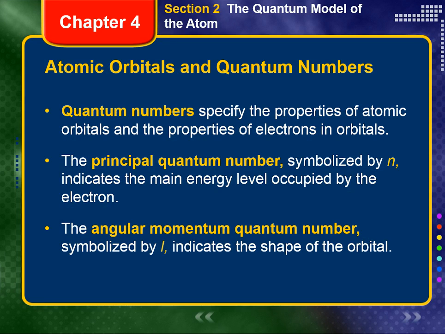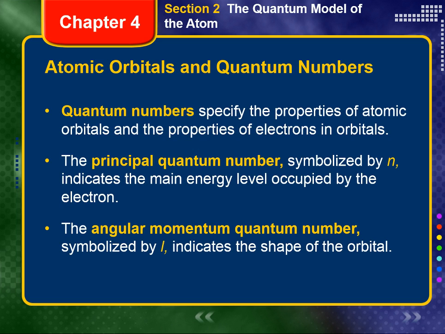Angular momentum quantum number. Except for the first main energy level, orbitals of different shapes, known as sublevels, exist within a given value of n. The angular momentum quantum number, symbolized by L, indicates the shape of the orbital. For a specific main energy level, the number of orbital shapes possible is equal to n.